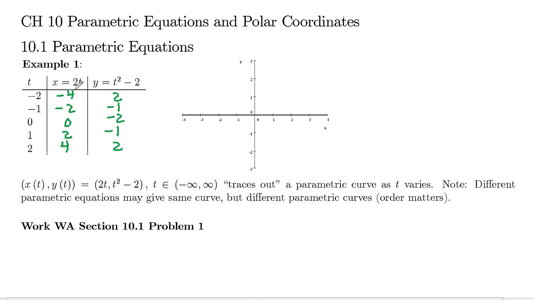So here are our points. Negative 4 comma 2, so 4 to the left, 2 up right there. That is at t equals negative 2. Negative 2, negative 1, so 2 to the left and 1 down right there. That's at t equals negative 1. At t equals 0, we're at 0, negative 2, which is right here. At t equals 1, we're at 2, negative 1, right there.